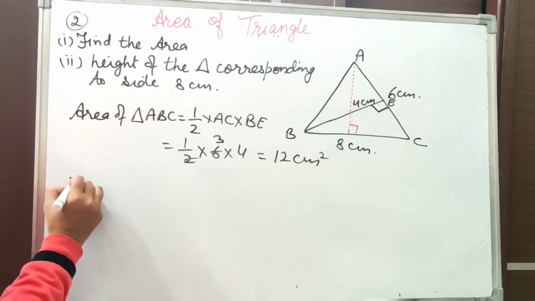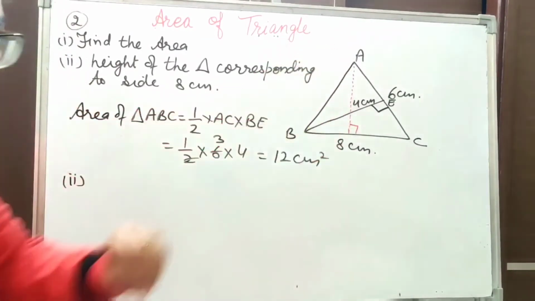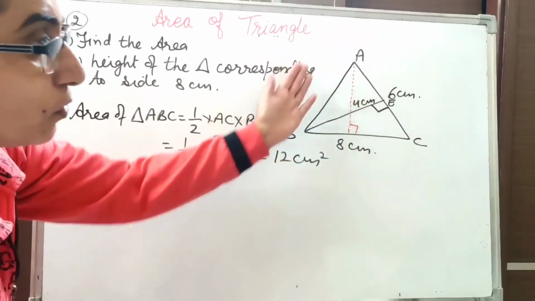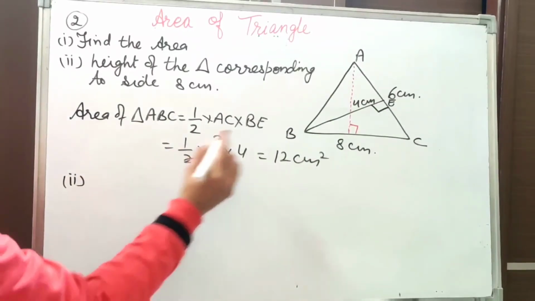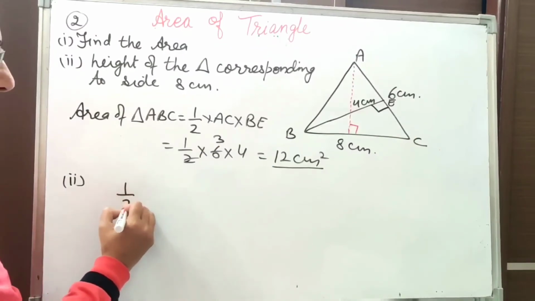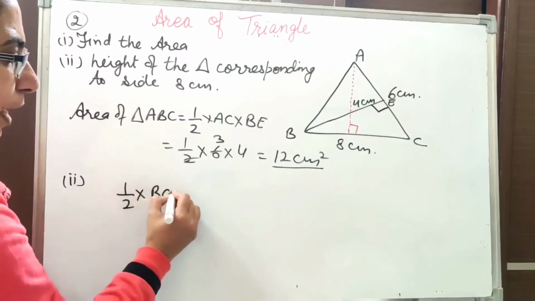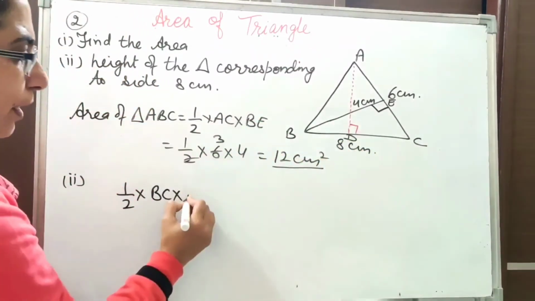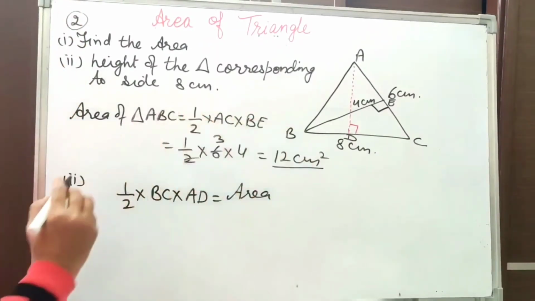Now the second part is to find the height of the triangle corresponding to side 8 cm. Students, the area of the triangle will remain the same because we are using the same triangle ABC, and we have already found the area, 12 cm square. In the second case, 1 upon 2, base is BC and its corresponding height, let the foot be D, is AD, equal to the area of the same triangle.